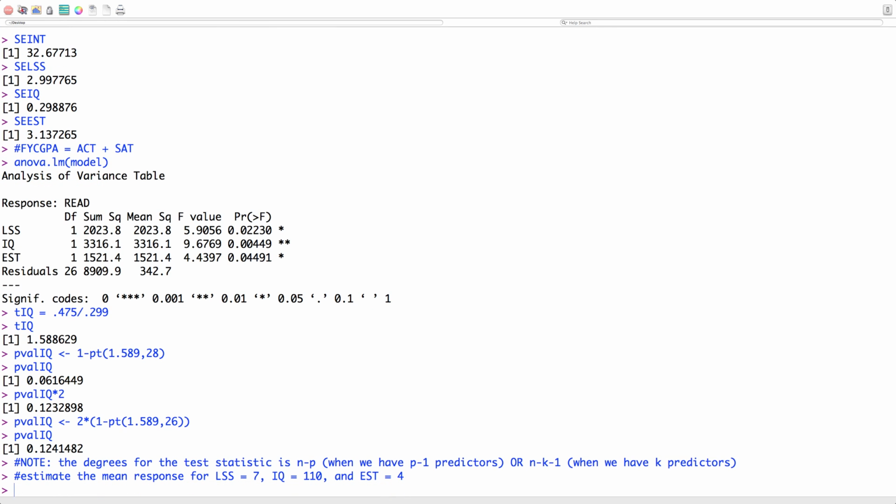Equal 4. So we'll call y mean. So the mean response for this is going to be found by, okay guys, I'm losing my, so I need to make this, let's call it x mean response.